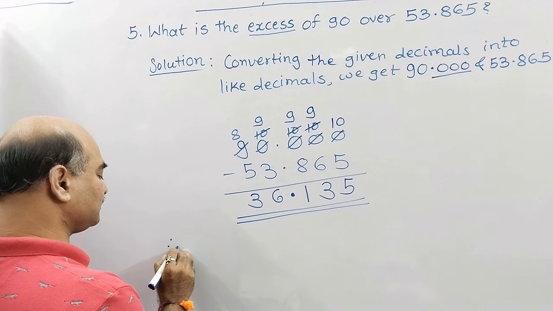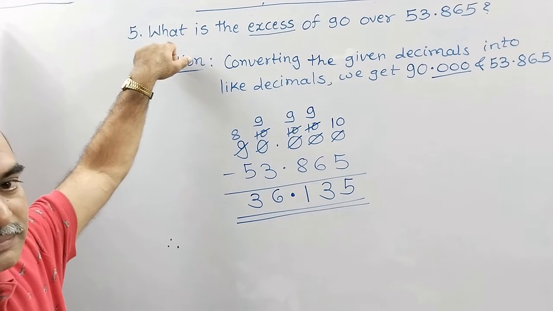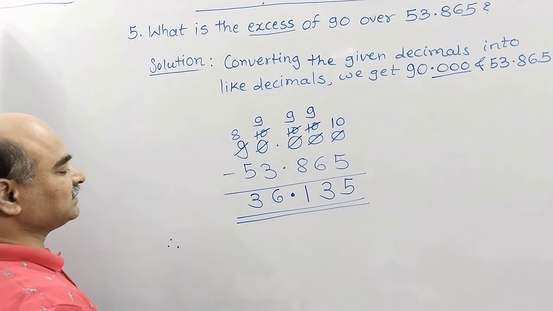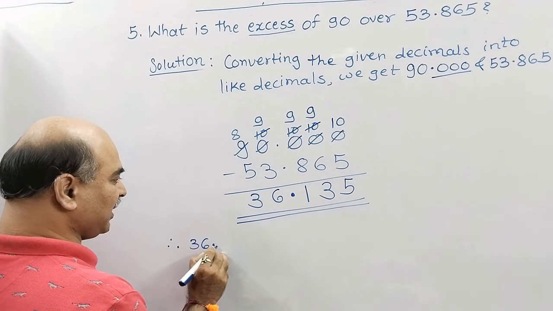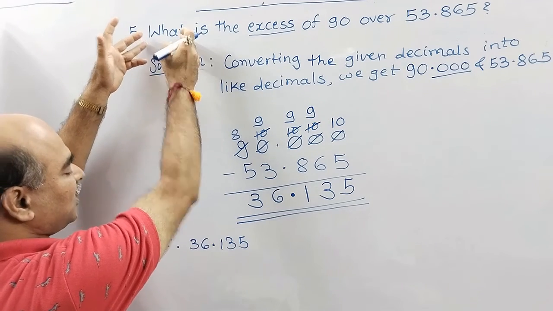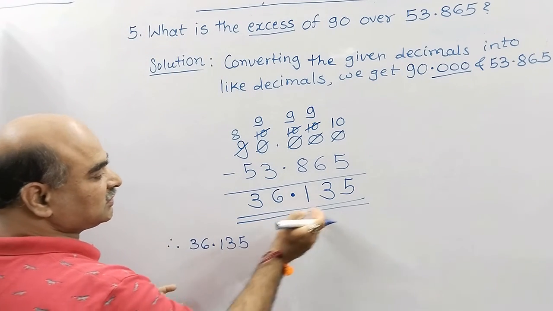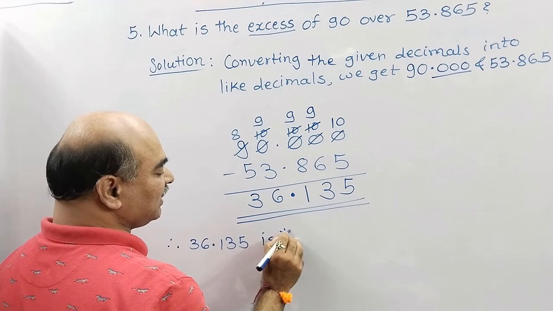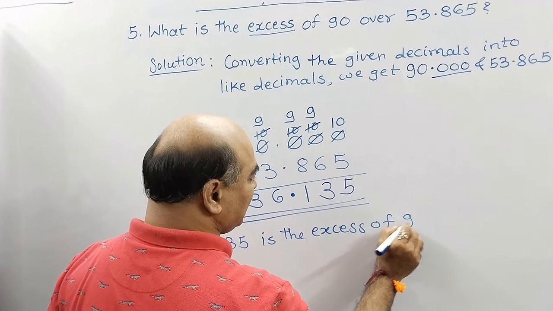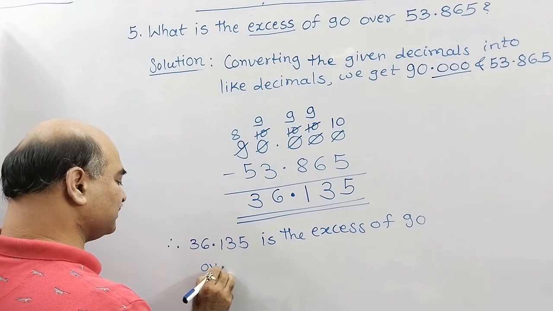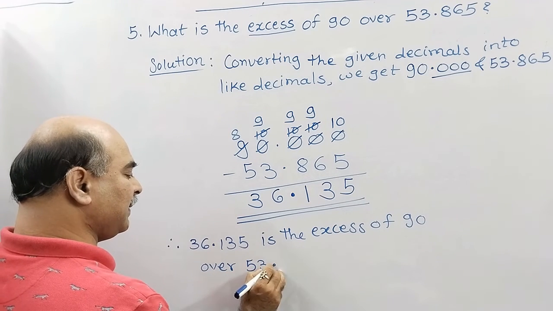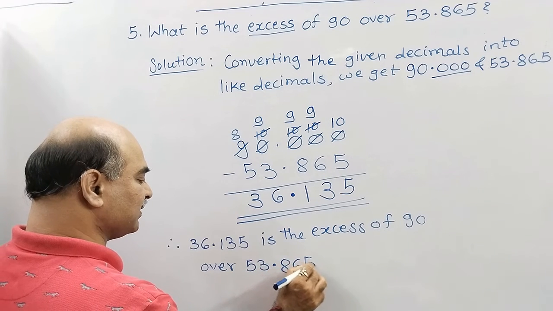So therefore, we have to write down the answer in a sentence. What is the excess? 36.135, the answer we got here, is the excess of 90 over 53.865.